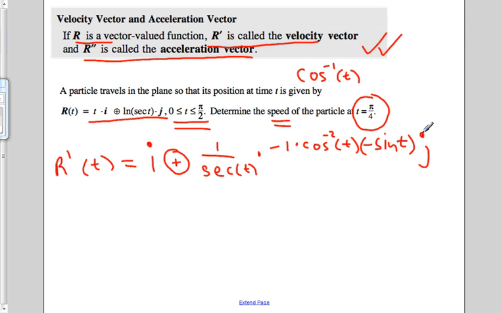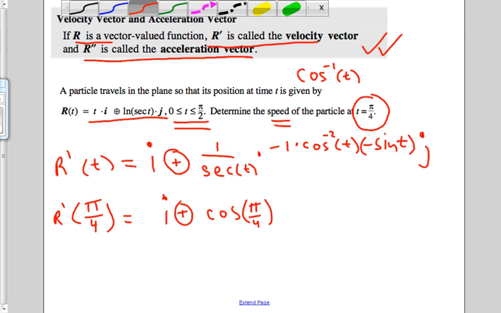All right, so now let's evaluate at pi over 4. So r prime of pi over 4 in the x direction. Well, the x direction, it's a constant velocity. It's just 1i plus, well, 1 over secant is just cosine. So we have cosine of pi over 4.